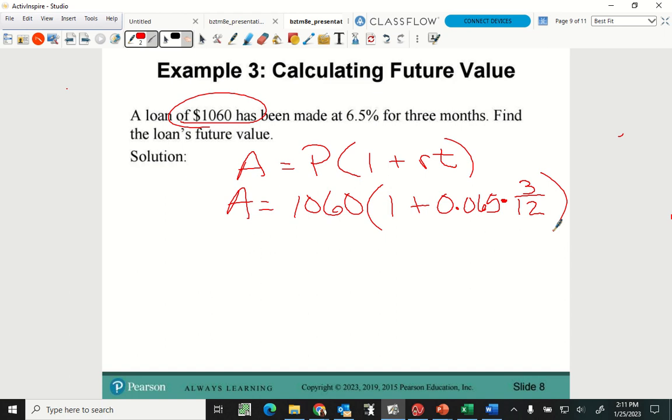Alrighty, hopefully I gave everyone a chance. So A, someone holler it out. 1,077.225. What's the next number after the 5?